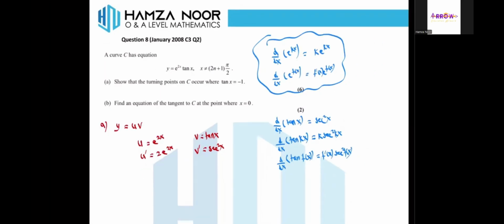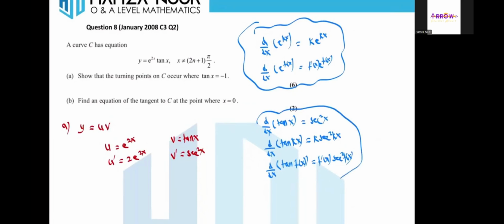So this is the whole idea behind this. I hope you have covered these basic concepts before attempting the past paper questions. You must be well acquainted with all of these forms and derivatives before actually attempting any past paper question.